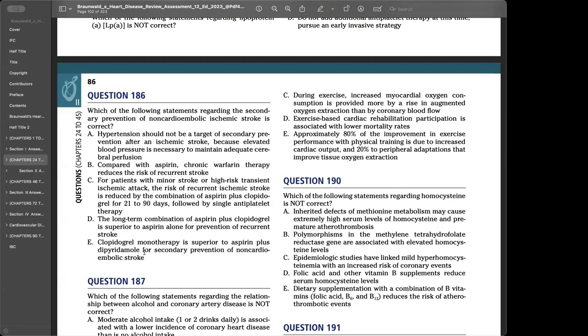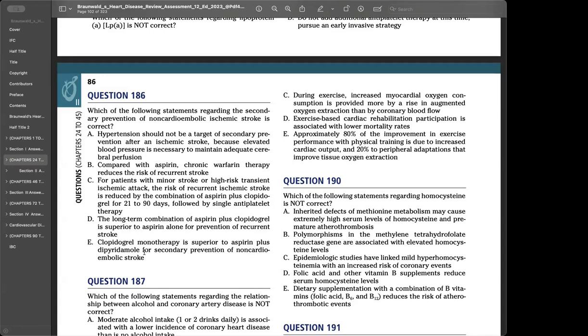Epidemiologic studies have linked mild homocysteinemia with an increased risk of coronary events. This is also true, because this is said to be one of the non-traditional risk factors of coronary artery disease.